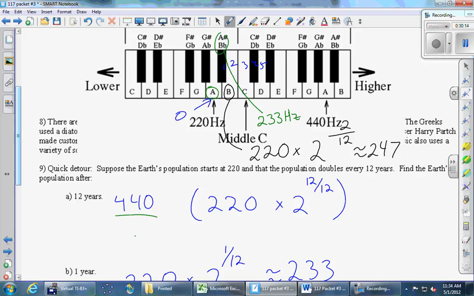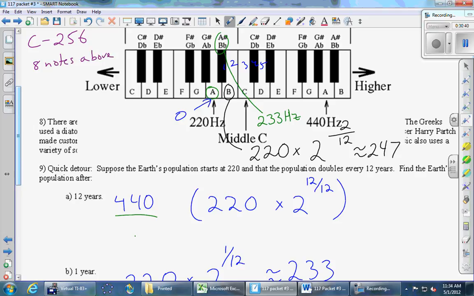What if I asked you to go, let's do this. Suppose I tell you that middle C has a frequency of 256. I'm just giving you that as a starting number. And I want to find the frequency of something that is 8 notes above.